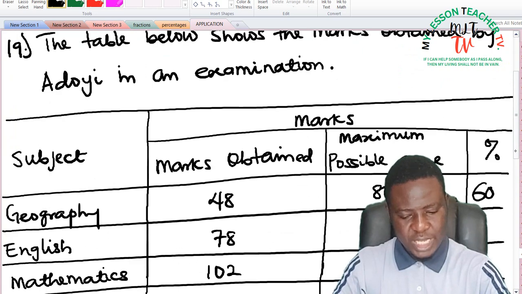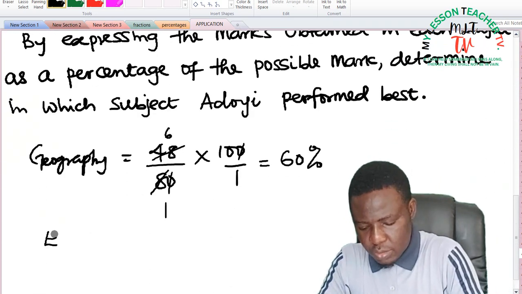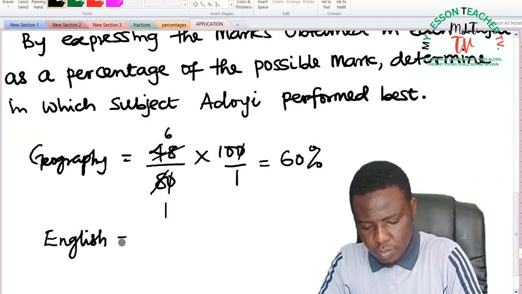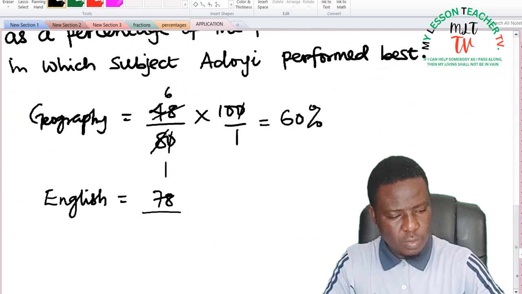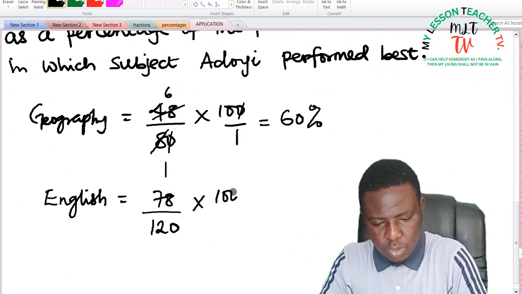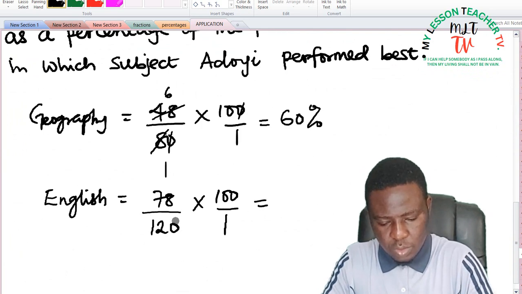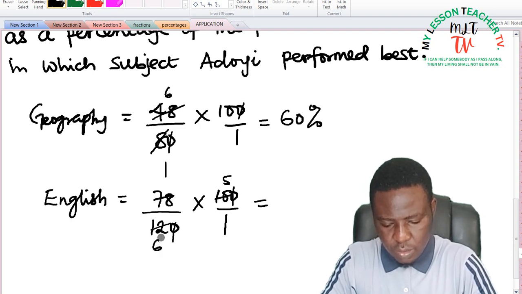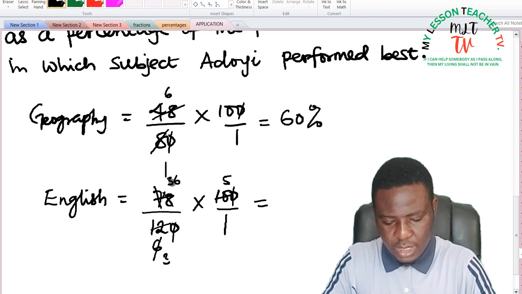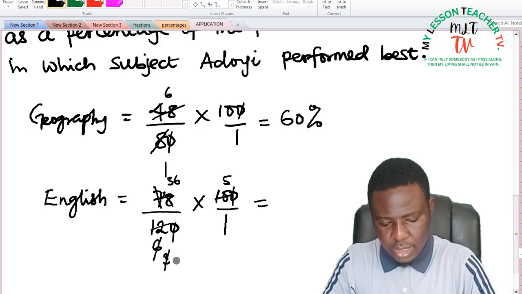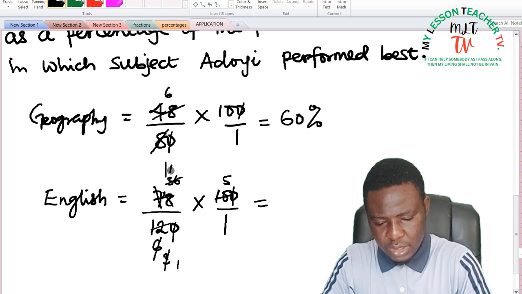In English, we have 78 out of 120. So English, 78 out of 120 times 100 over 1 is equal to, this will cancel. 2 into 6 is 3. 3 into itself is 1. 3 into 36 is 12.